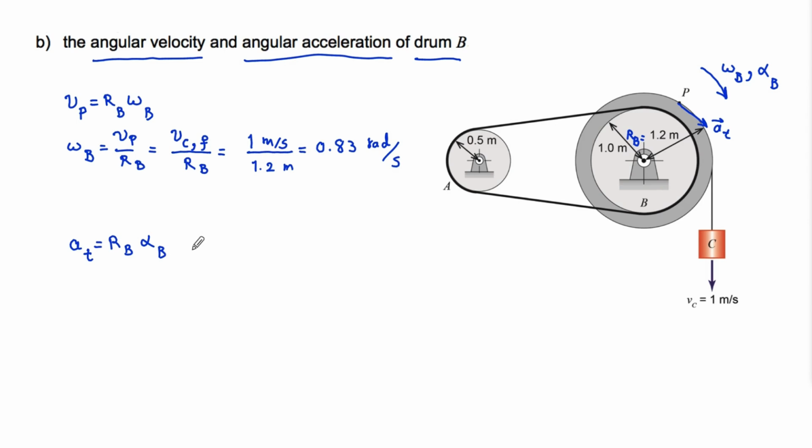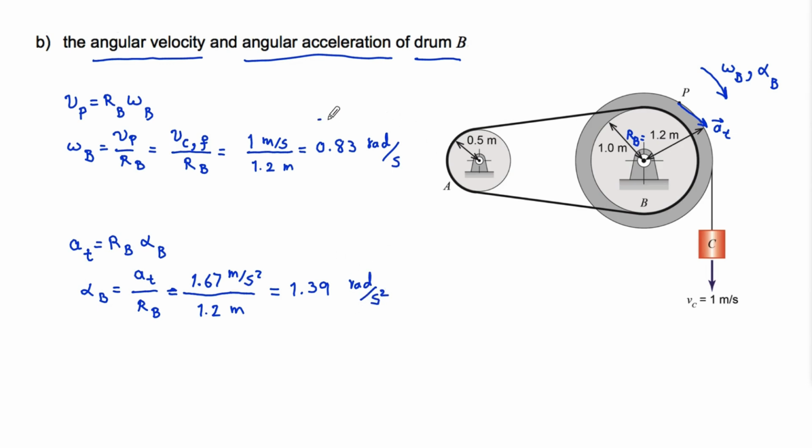For alpha b, we get AT over RB from this equation, and by substituting AT that we found in part A as 1.67 meters per second squared over 1.2 meters, we get 1.39 radians per second squared.